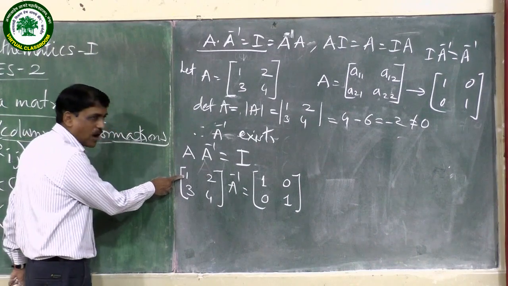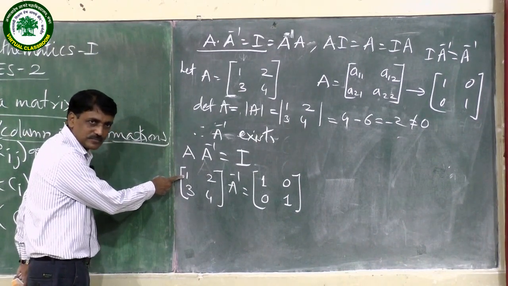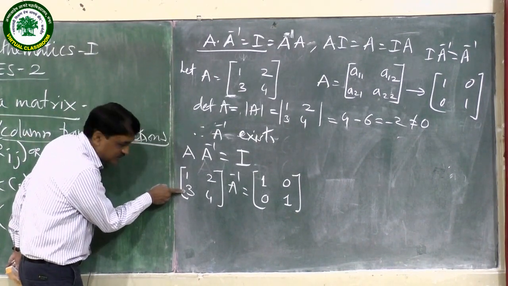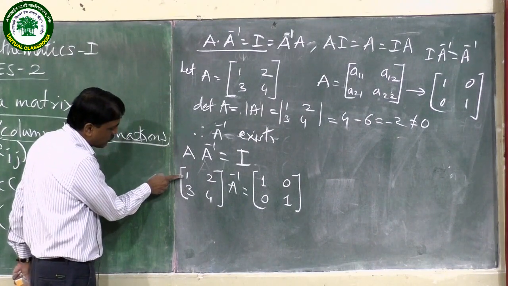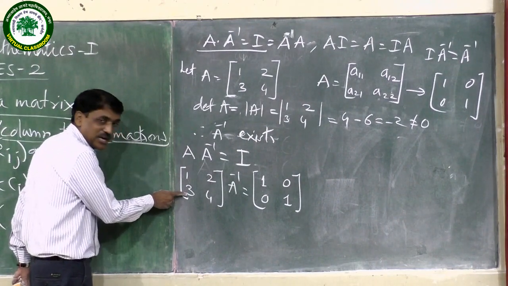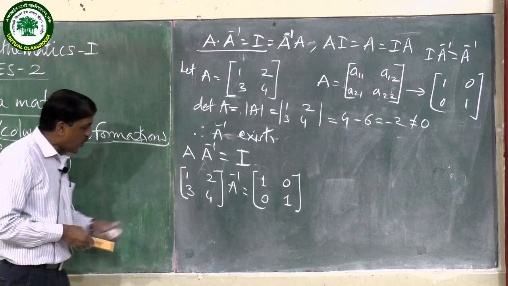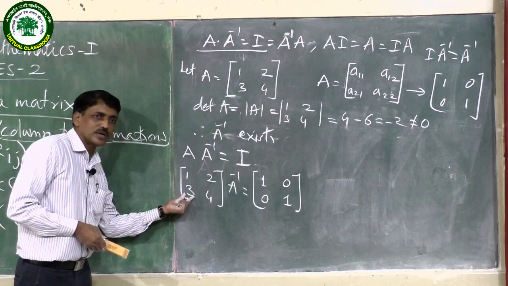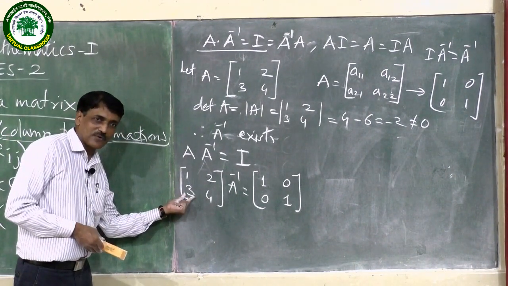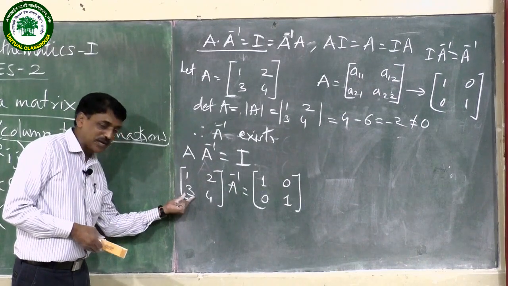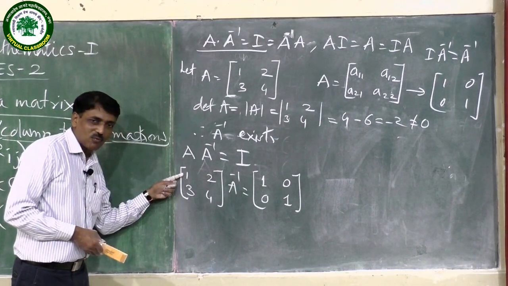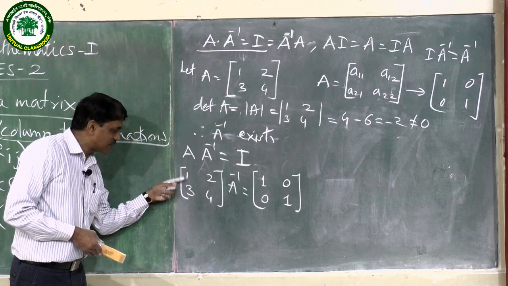Convert this element into 1, it is already 1 here. Now convert the element below 1, which is 3, into 0. How to convert 3 into 0? We need 3 to subtract from it. And how do we get 3? Multiply 1 by 3 and subtract it from 3.